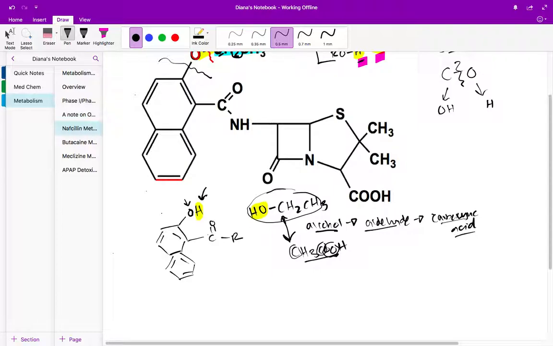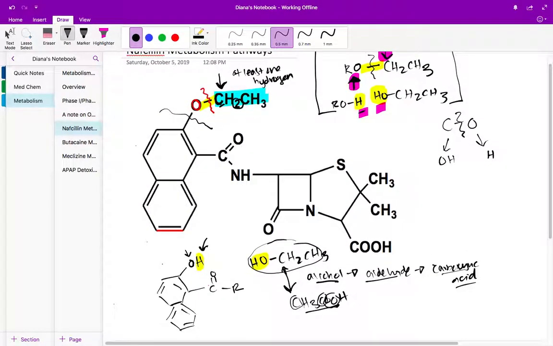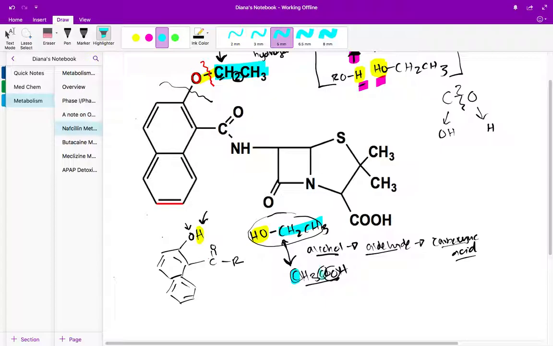So instead of dwelling on the details, just think: this cleavage, this CH2CH3, if we follow it, turned into an alcohol first, and then those two carbons turned into that part of the carboxylic acid because oxidation occurred to that piece. So we can think of that as a side reaction. The main thing that happened is that carbon-oxygen bond was cleaved, and we ended up with an OH right there.